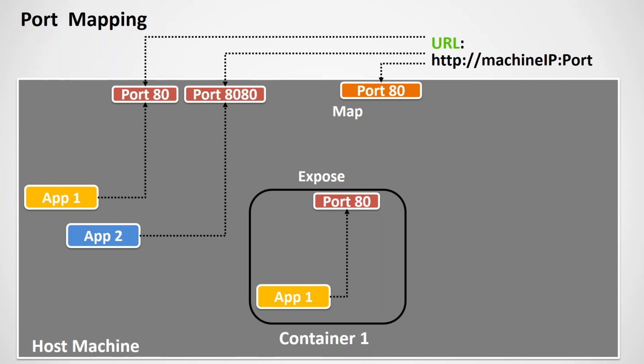two steps. The first activity that we have to do is expose the port number which is coming from the container. Expose means that when we are creating a container, if there is a web application that wants to share some port number available inside the container with the host machine, as the name says, expose.